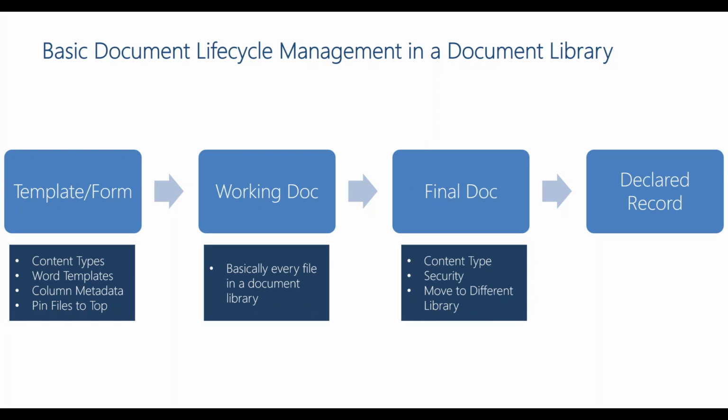So going back to my proposal analogy, we PDF our proposals before we send them out, and now I have a PDF file. So I have the Word file and I have the PDF file, and I want to store both of them. I do have a final doc that is PDF'd, and I haven't changed the security, but maybe I want to change the content type to final submitted or something along those lines.